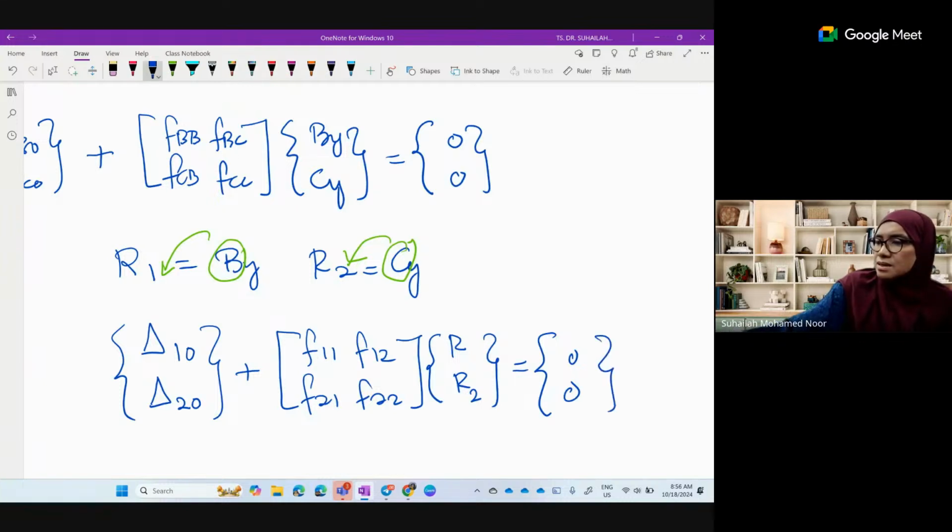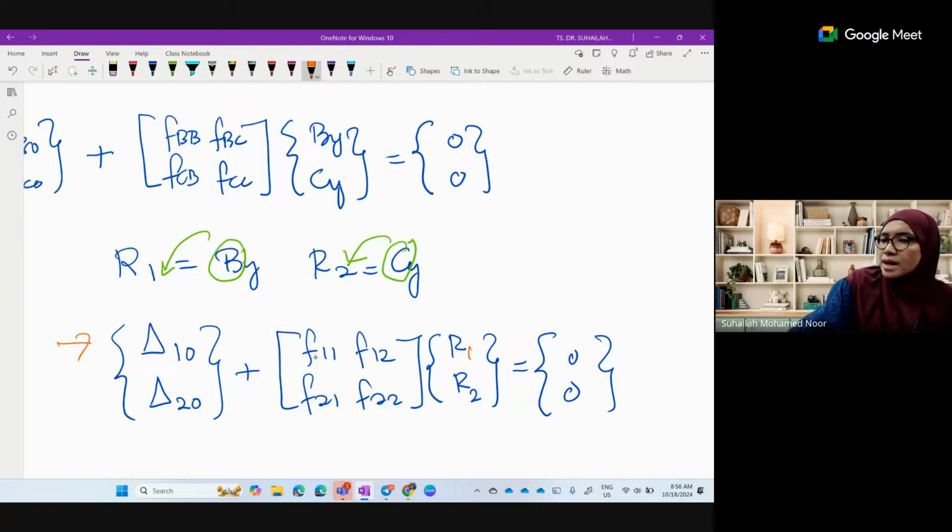Okay. So this is standard that can be used to all problems, all structures. Can be frame, can be truss, okay, can be all indeterminate structures. This is the standard form of compatibility equation. Okay. So dia macam ni, sama je. Dia kan kita ada two redundant, R1 and R2.